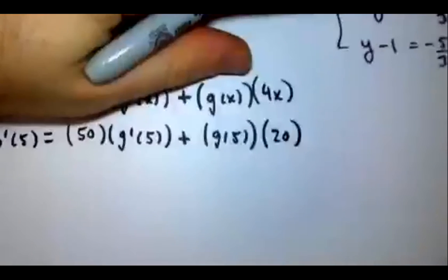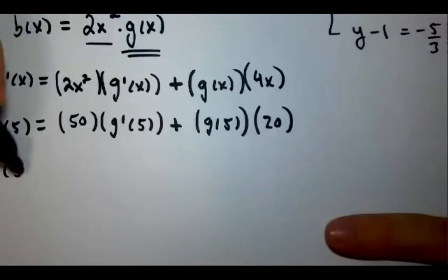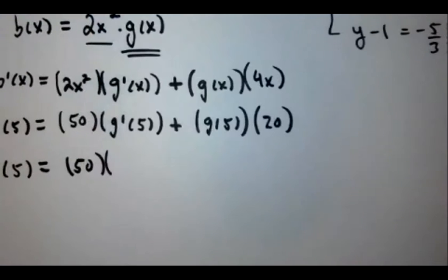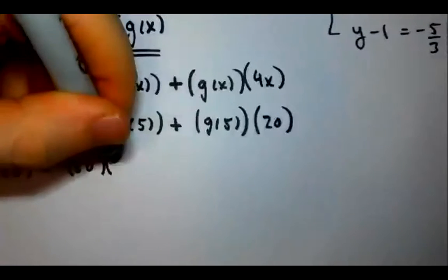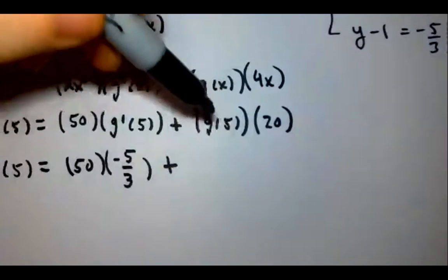Now we can't stop there. We have to replace the G of 5 and G prime of 5, and as soon as you do that, you can stop. So B prime of 5 is equal to 50 times G prime of 5, which we did in part A, that's negative 5/3, plus G of 5.